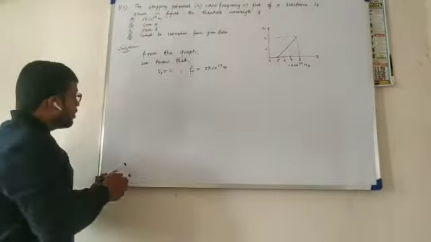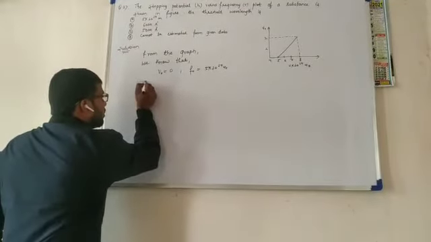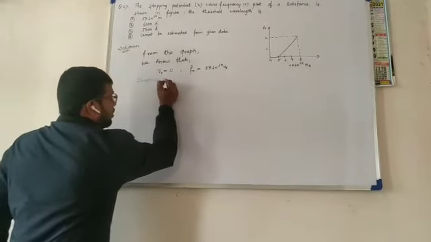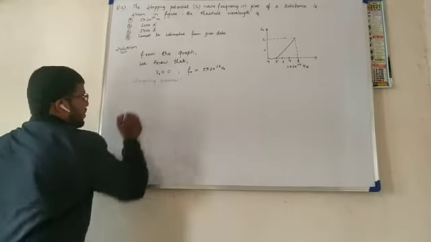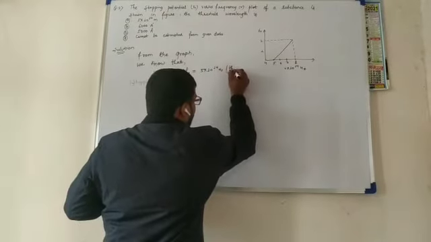So V naught is the stopping potential, and F naught is the threshold frequency.